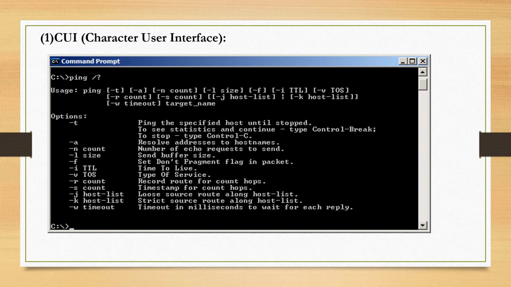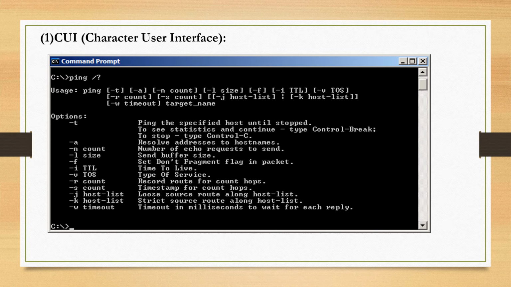When we give commands to the computer and make the computer system work, it is called character user interface. I hope you are getting it very clearly.